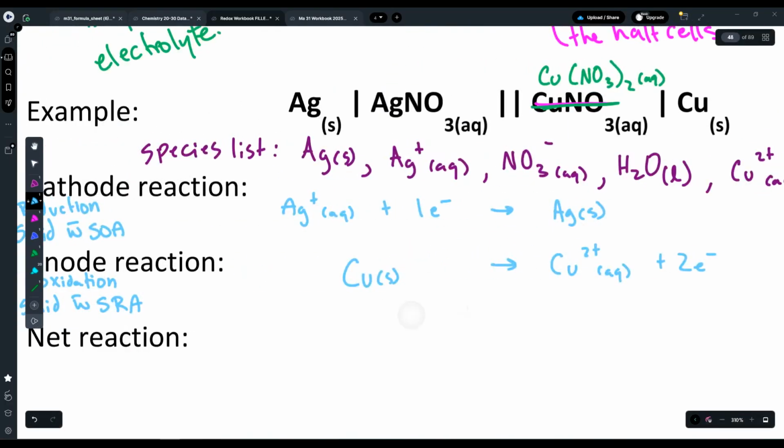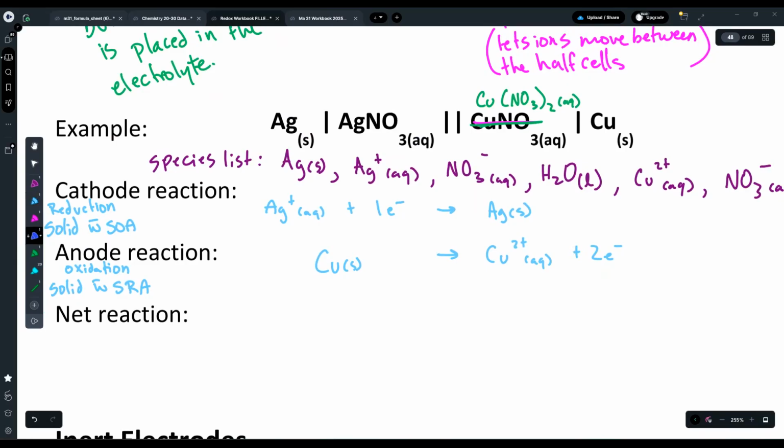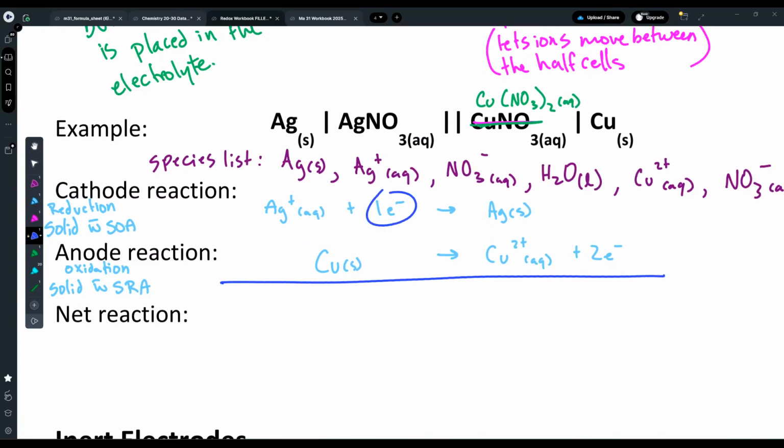Okay, so to get the net reaction, I need to make sure that my electrons cancel out. So that means I need to find the lowest common multiple, which is going to be 2. So that means I have to times everything in my cathode reaction by 2. So that's going to be 2 silver ions, 2 electrons, 2 silver solid. So the most common mistake in this step is forgetting to multiply absolutely everything by whatever you're multiplying by.